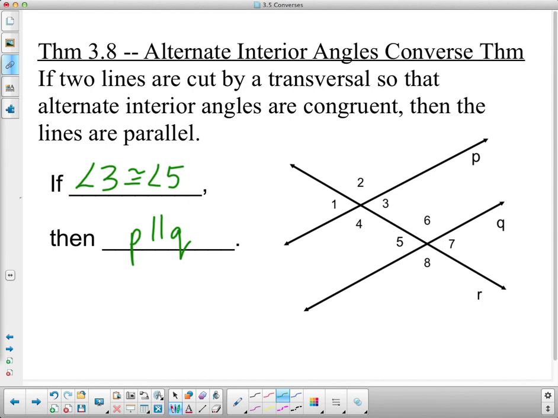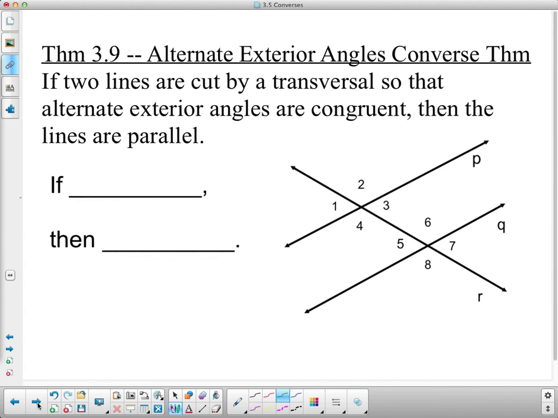Because which other ones would we have the converse of? The ones before this, alternate exterior. Corresponding we did before this one. Okay, done? Okay, the converse of alternate exterior angle theorem.